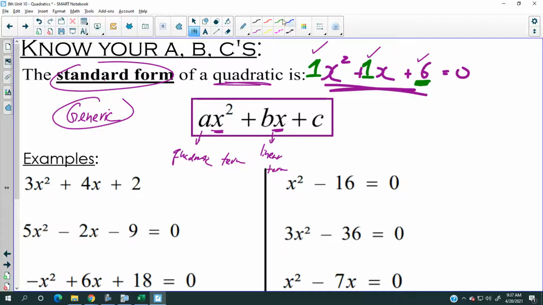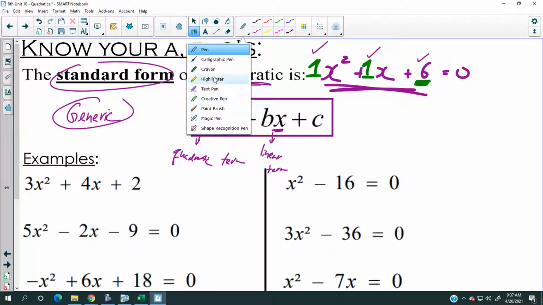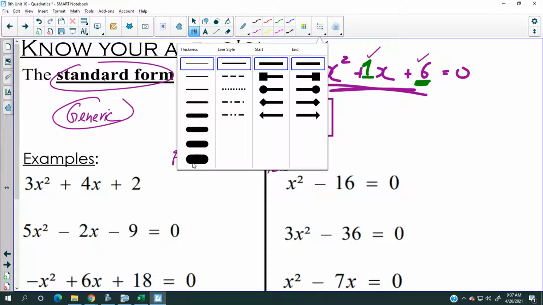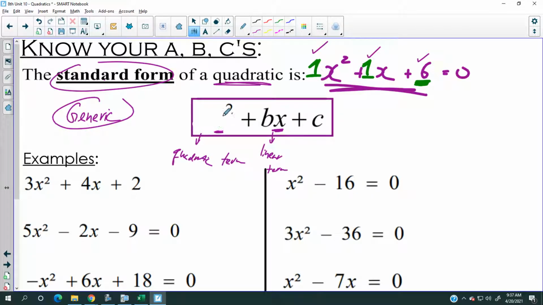Because if I were to cover this up, I don't know how to cover this up, if I were to use a whiteout, what you end up with here is just a linear function, mx plus b. Remember that? Bx plus c, mx plus b, same thing.